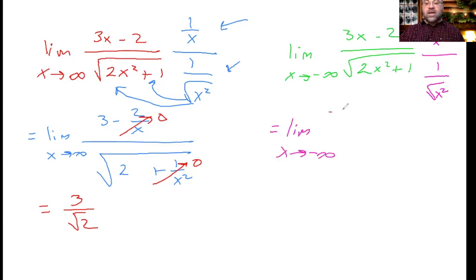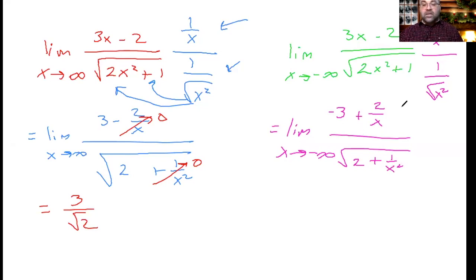Notice I'm going to get -3 plus 2 over x over the same thing in the denominator, the square root of 2 plus 1 over x squared. That's supposed to be an x, and I did a poor job of writing it, so let me rewrite that. Now as x goes to infinity, this term goes to 0, and this term goes to 0.